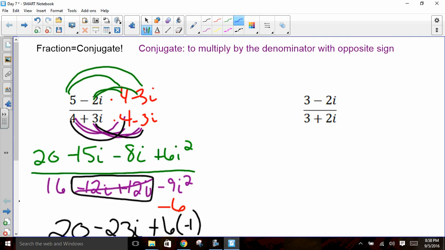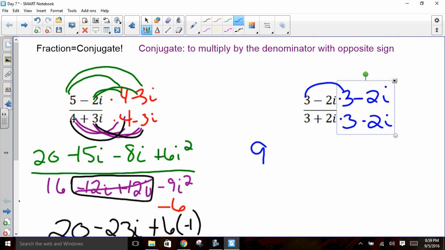Okay, so we're going to start this the exact same way as we just did the first one. We're going to multiply by the opposite sign on the bottom. So I have 3 minus 2i times 3 minus 2i. If you want to put those in parentheses, you're more than welcome to. 3 times 3 is 9. 3 times negative 2i is negative 6i.